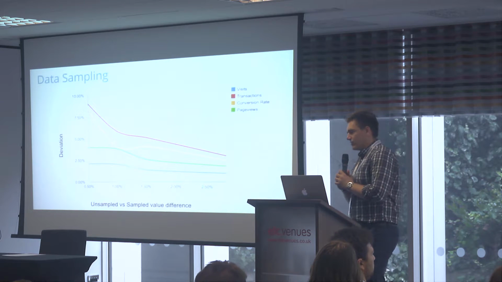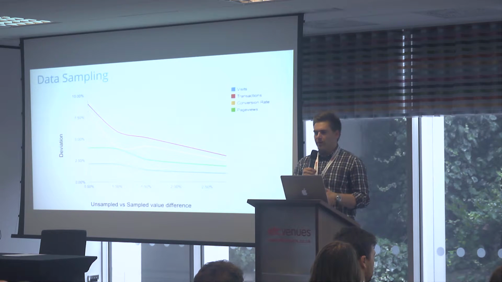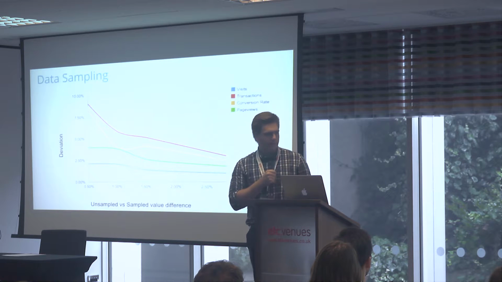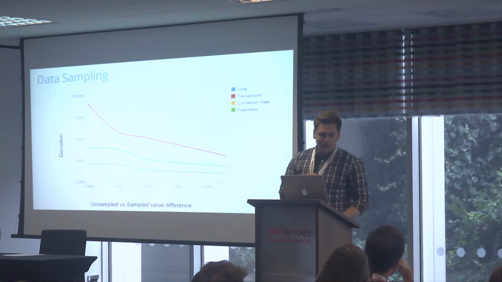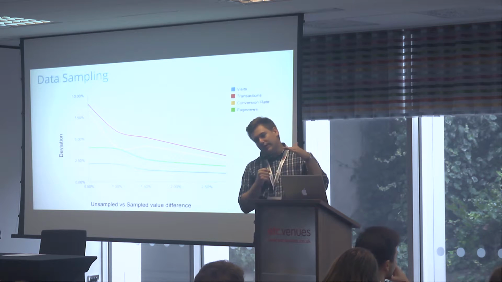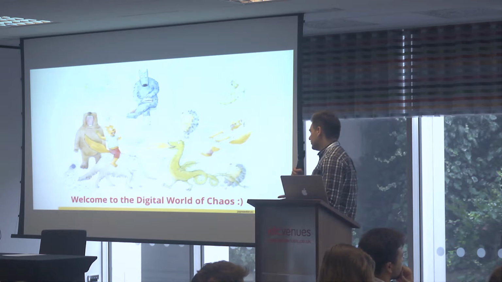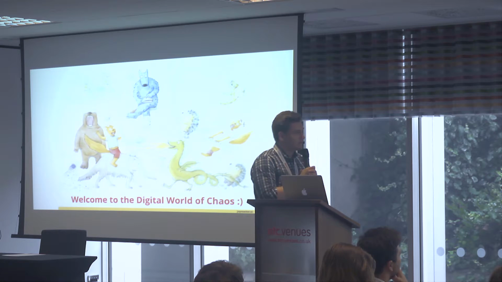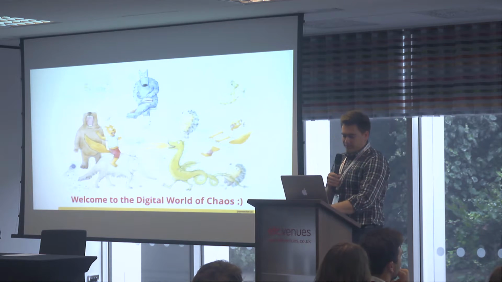If you want to get rid of sampling, then you need to buy some premium product, like Adobe Analytics or Google Analytics 360, which is called that already. But still you will not be able to analyze every session. So we need to say yes, we live in a world of chaos, and we need to do something with all the data we have.